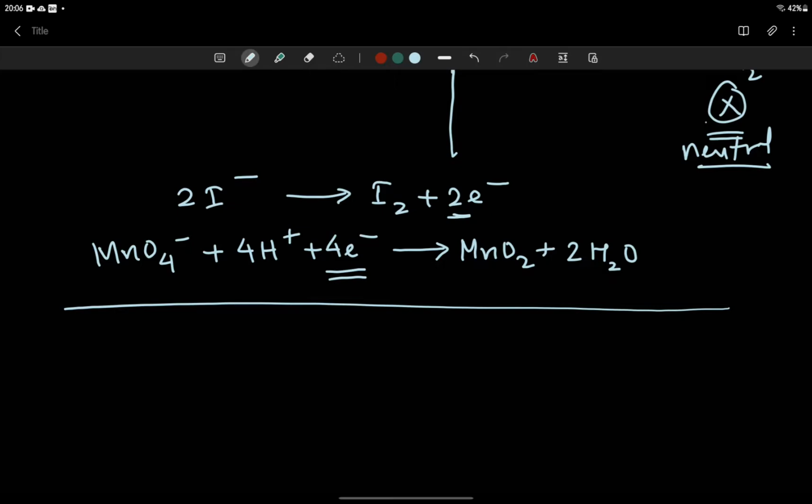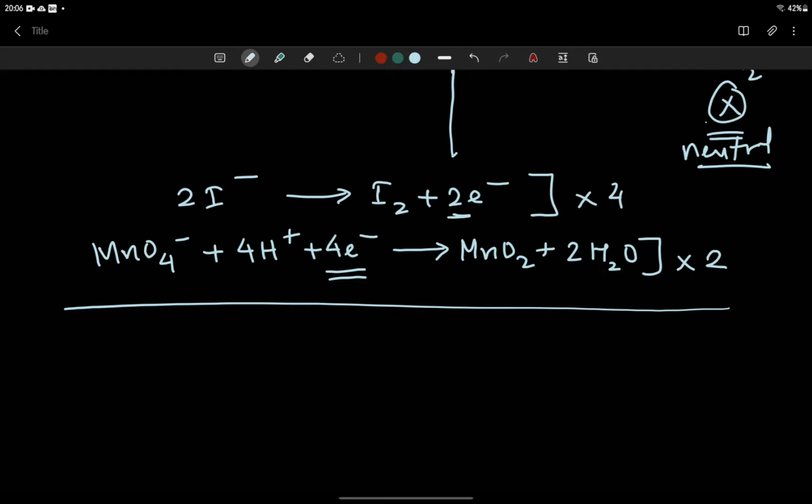So to balance this, you just have to cross multiply this oxidation half by 4, because there are 4 electrons in the reduction side, right? So you are going to cross multiply these numbers of electrons with these two reactions. Okay, so we cross multiplied 4 electrons with I minus, and here 2 we multiplied with MnO4.